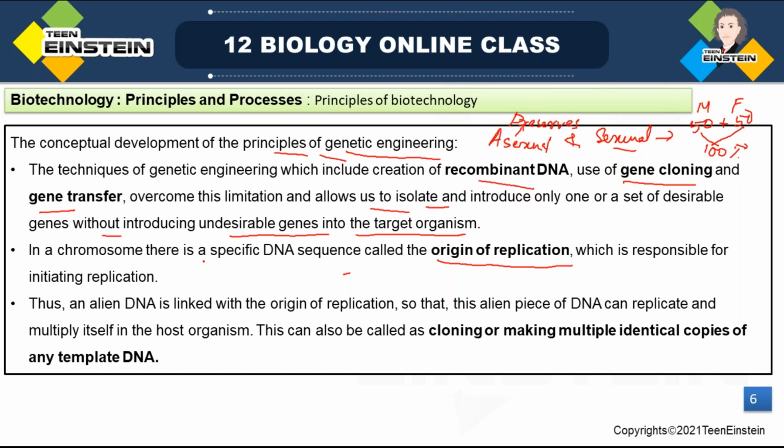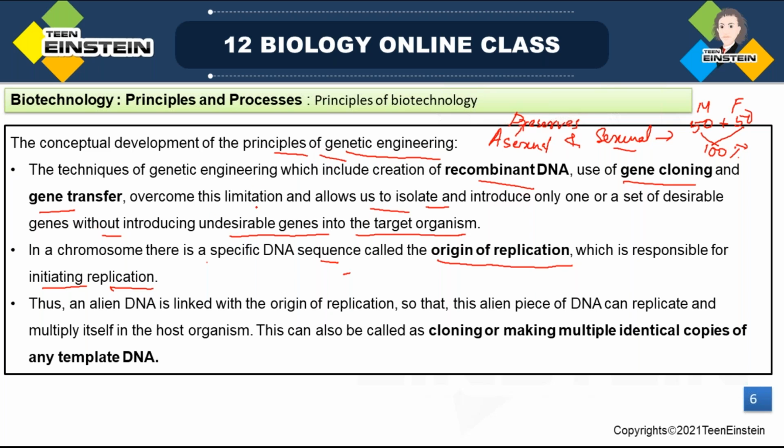So in a chromosome there is a specific DNA sequence called the origin of replication, which is responsible for initiating replication. It is the specific DNA sequence which helps in the initiation of replication. So what is the origin of replication?